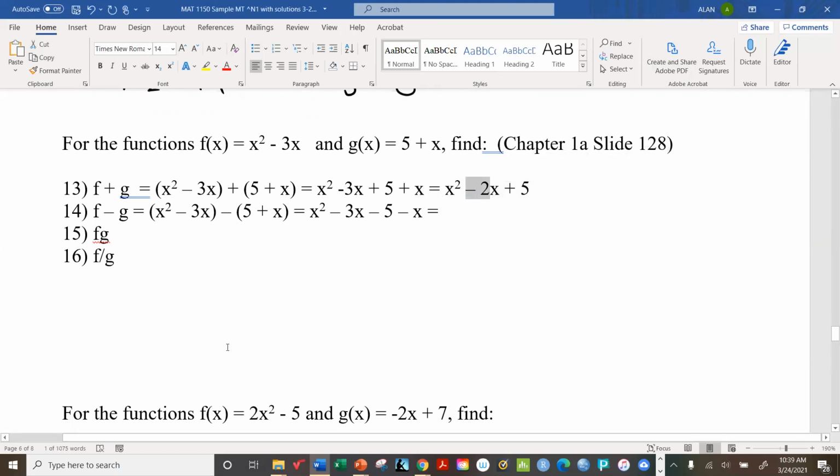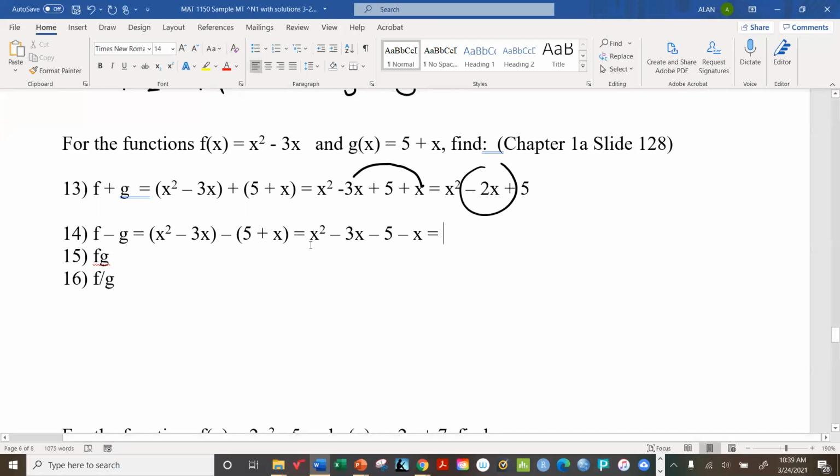Okay, so we just have to be a little careful with these. So here you can see I've got x squared. Now there's a negative 3x and a negative x, so that's negative 4x, and then the constant is negative 5. Okay, so those two are pretty simple.